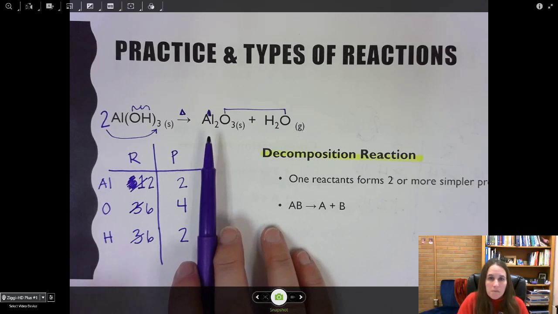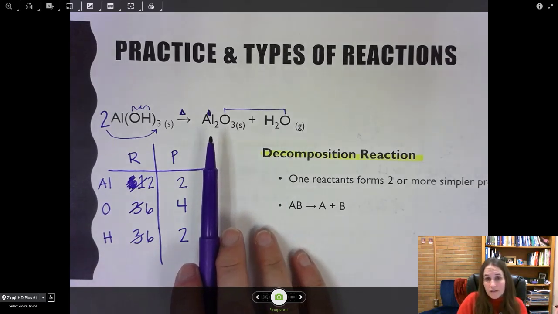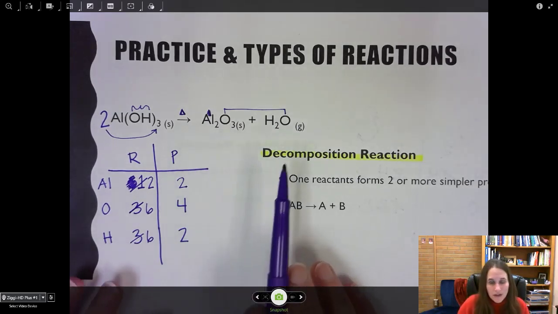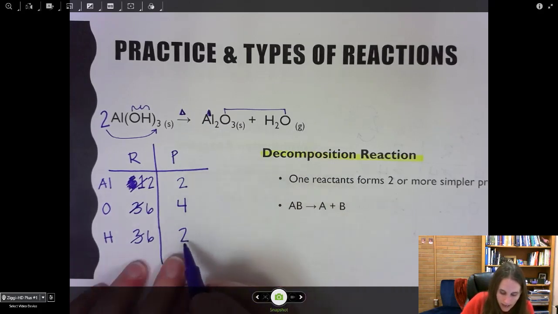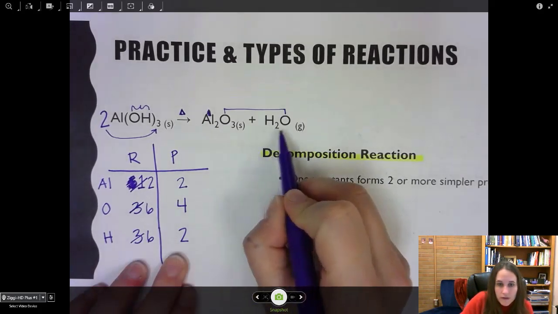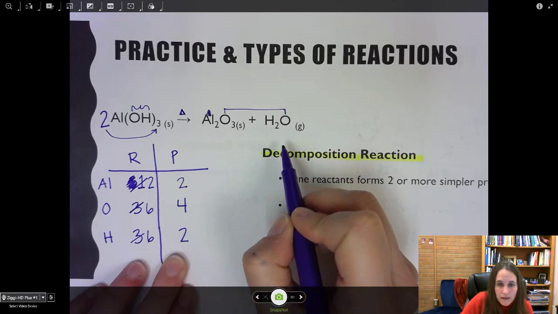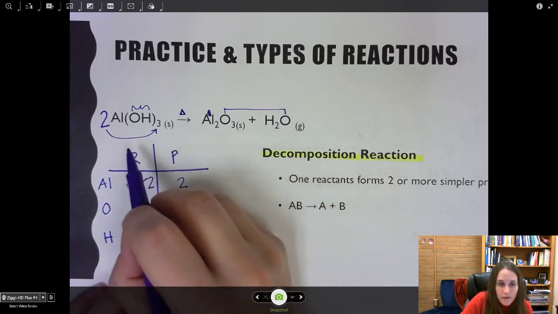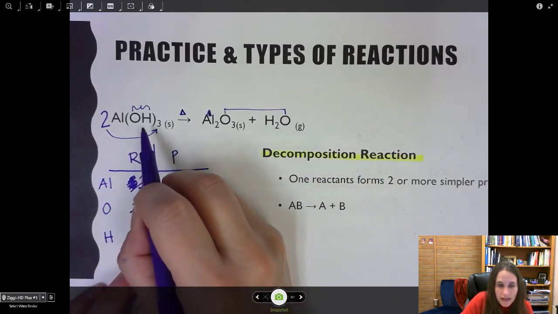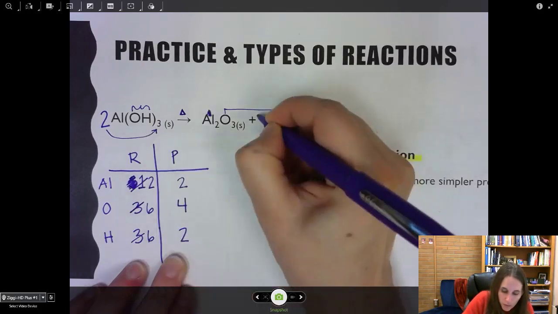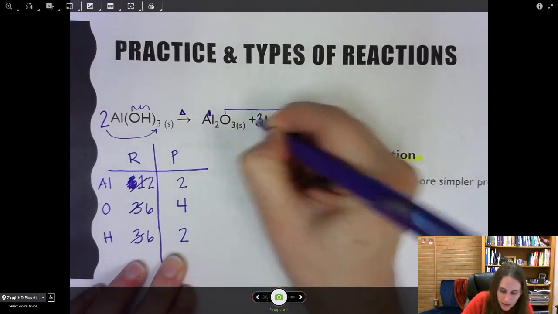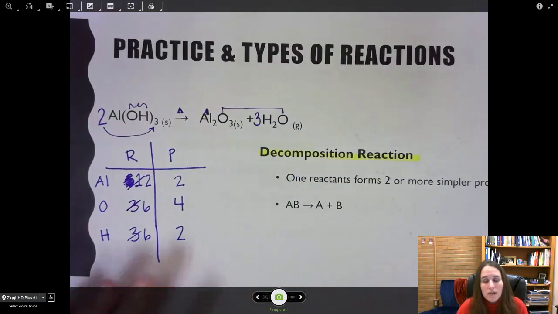Again, maybe oxygen will resolve itself if I focus my balancing efforts on hydrogen. So I have 2 hydrogens found in this water molecule on the product side, and I have 6 over here. So the way to get to 6, to make those numbers equal, would be to use the multiplier, the coefficient of 3 in front.